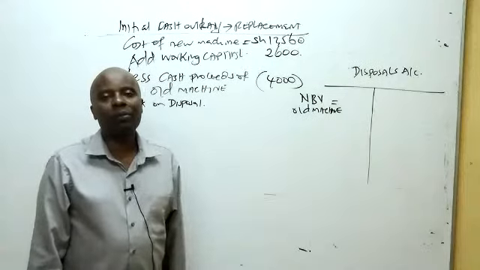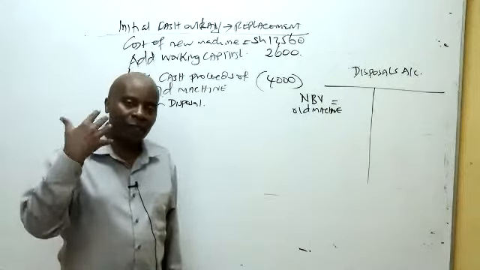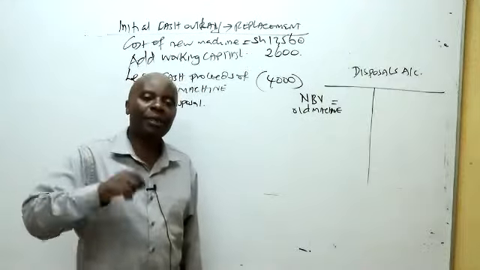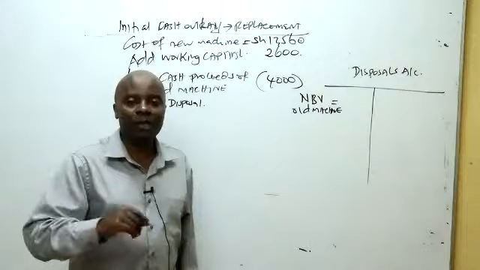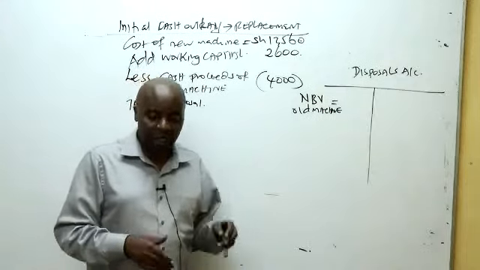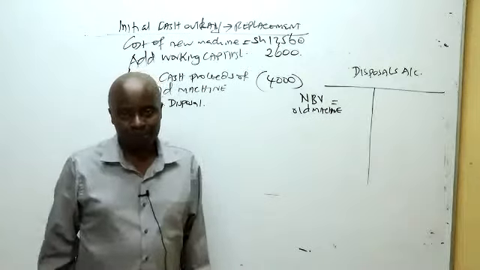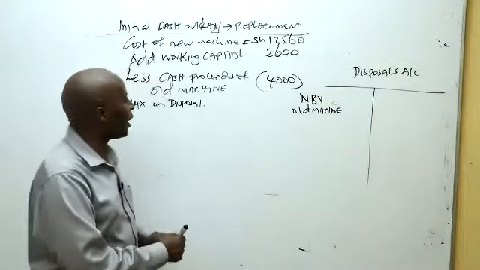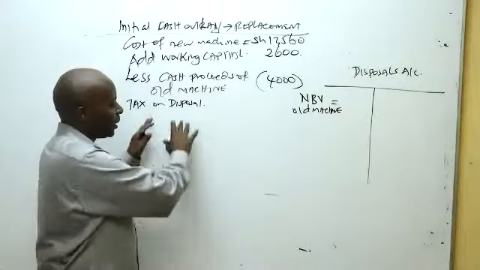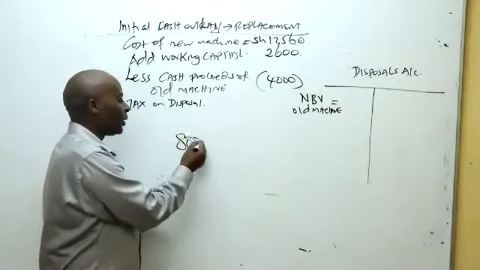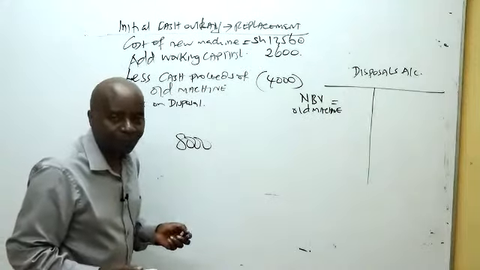Remember, the most important thing for this old machine that I would want to get tonight, it will be the accumulated depreciation. We are told that at the point of us selling this machine, 2 years have lapsed. We bought the machine for 8,000. So the cost of the machine was 8,000.